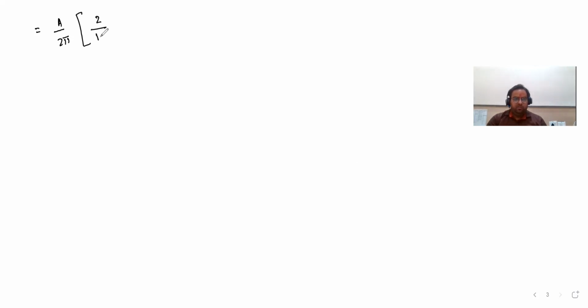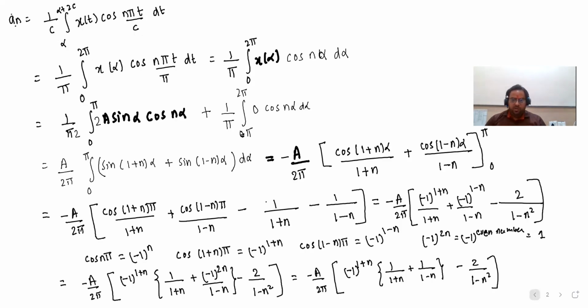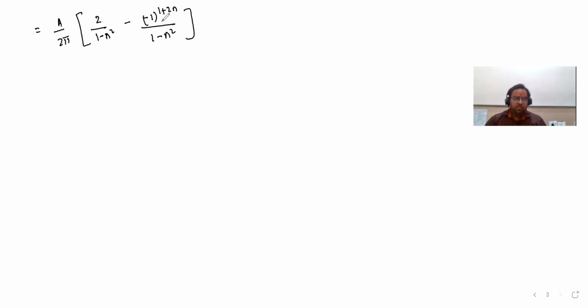So we get here 2 divided by 1 minus n square, and minus we get here minus 1 to the power 1 plus 2n, and that divided by 1 minus n square. Let me see if I have written it rightly or not. No. Here it will be 2.